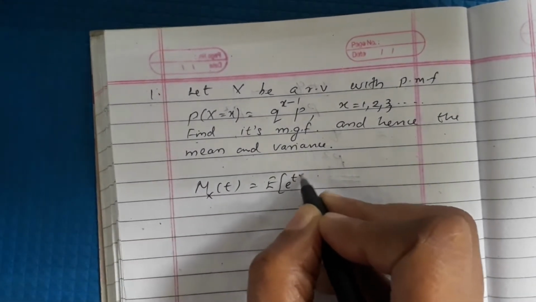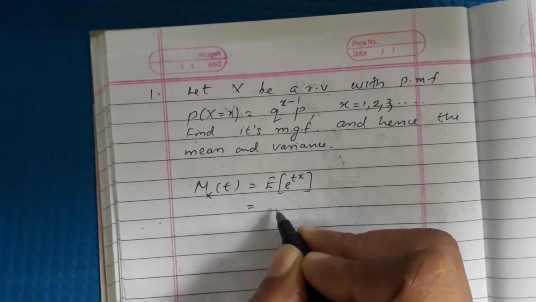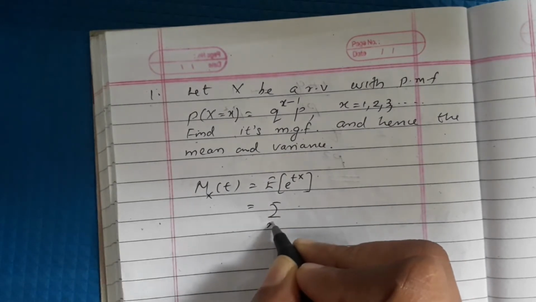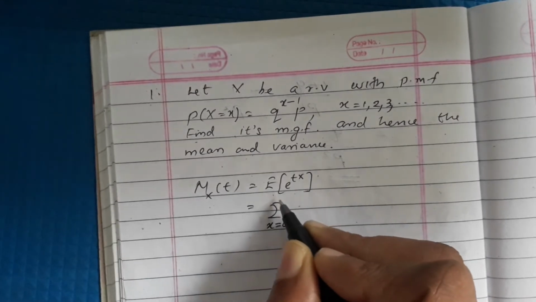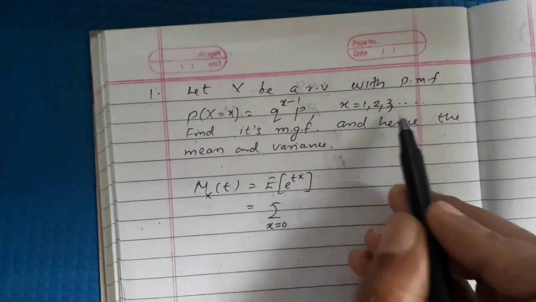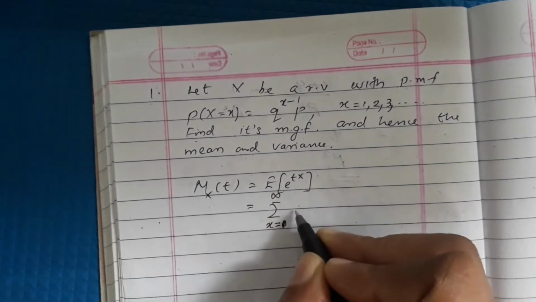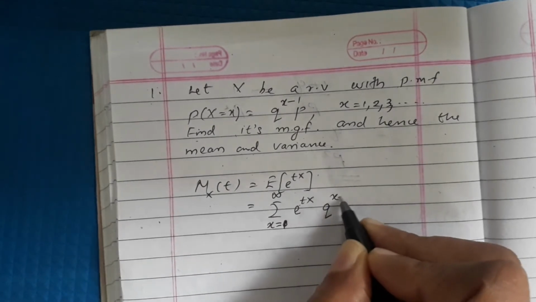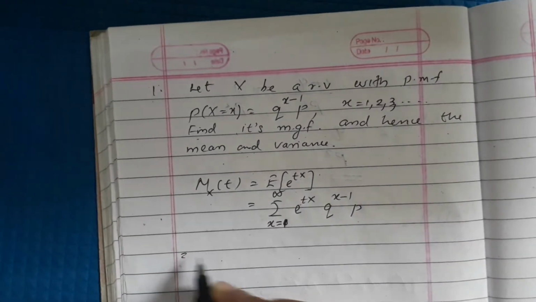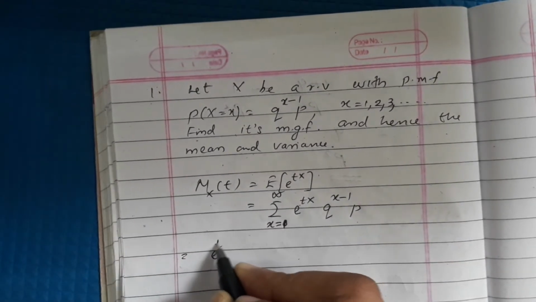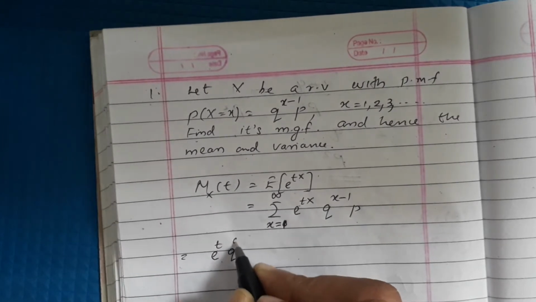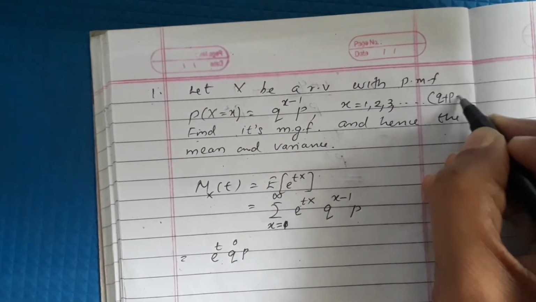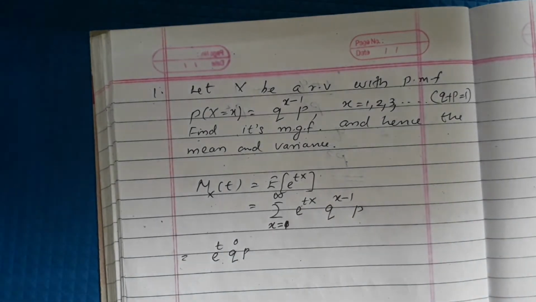This is a discrete distribution, so summation x equal to 1 to infinity of e raised to tx times P of x, which is q raised to x minus 1 times p. Remember that here q plus p equal to 1.